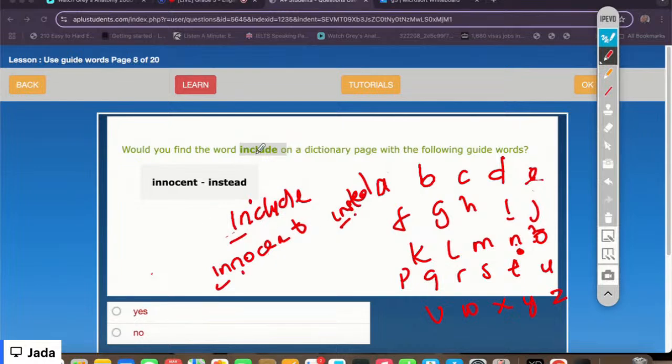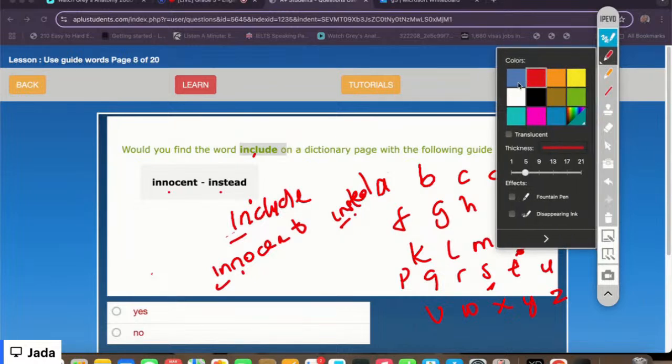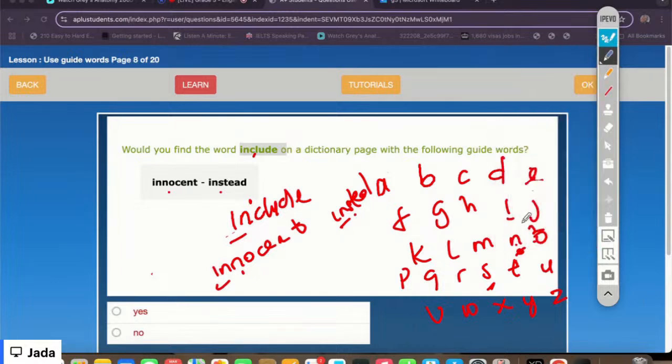So we have C, N, S. So we have from N up until S here. N, and then we have S. You cannot find C from N up until S. It's not possible. Okay? So our answer is supposed to be no.